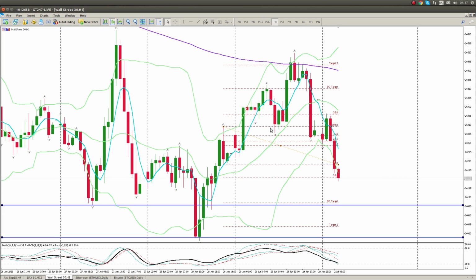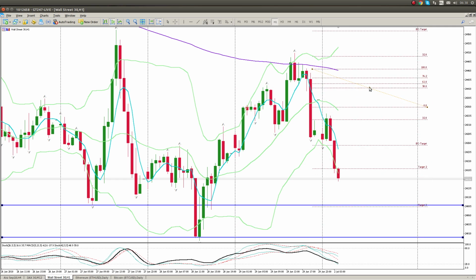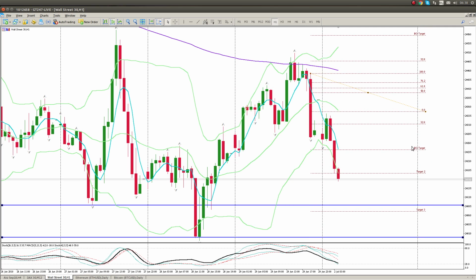Could have got in on the rebound here, and target 2 was hit. This often plays out like this. When first target gets hit, it pulls back, and then you have a higher probability of us hitting target number 2, which normally always happens.